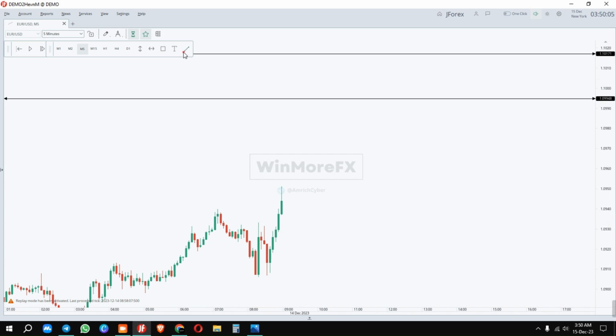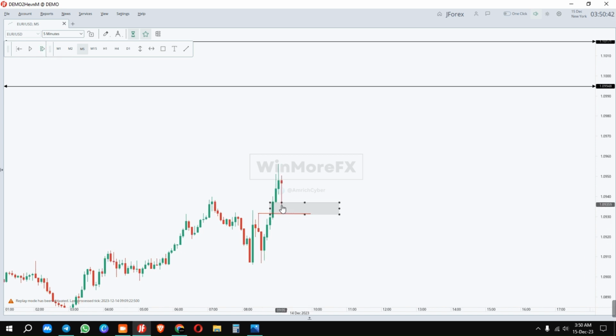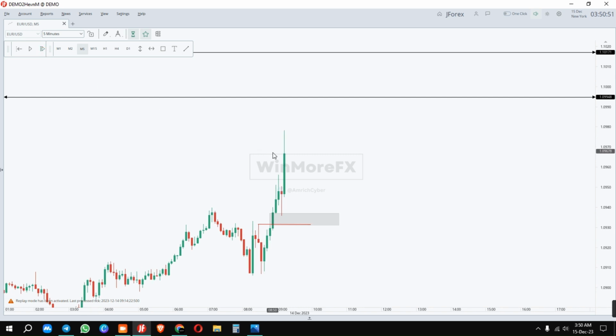And as you can see, we have a mitigation block here, and there is a fair value gap around it. So you can use this as your entry. Let's move price forward. You see price tap into the fair value gap around the mitigation block, but I wasn't on the chart at this time, so I couldn't enter here, and price does this again.